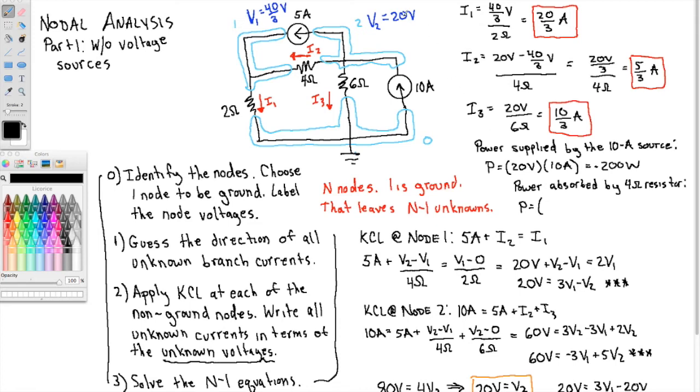Again, 20 is 60/3, so this is 20/3. 20/3 volts times the current through that resistor, which is I2, 5/3 amps. Okay, so this is 100/9 watts. And notice, again, the current is going from high potential to lower potential, so it's absorbing.